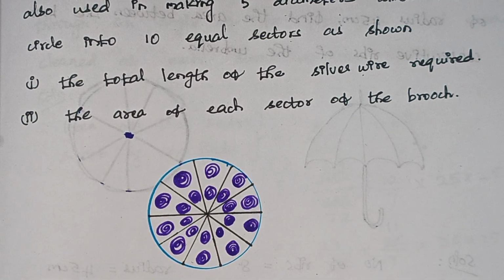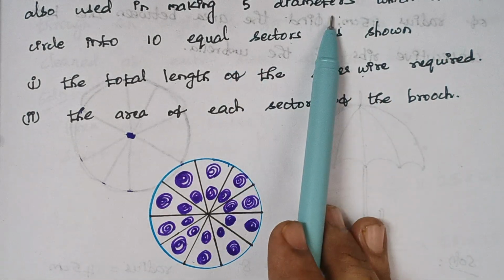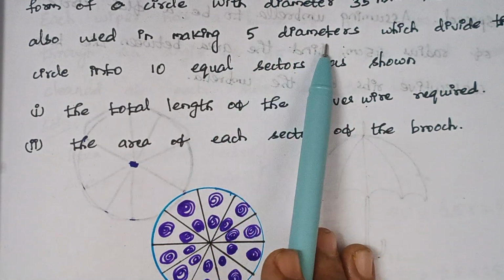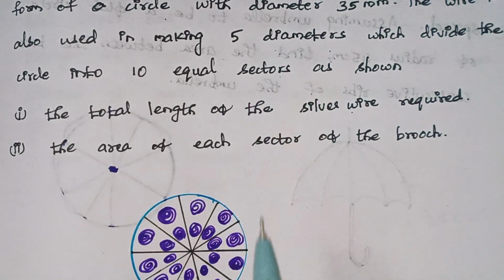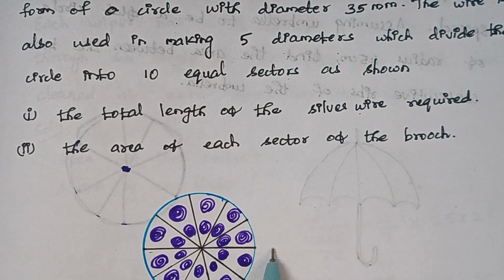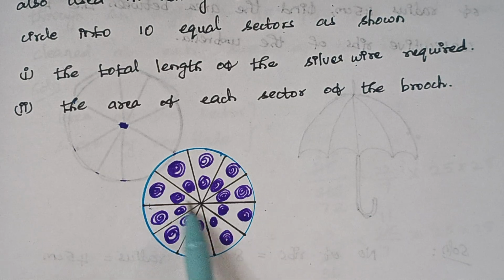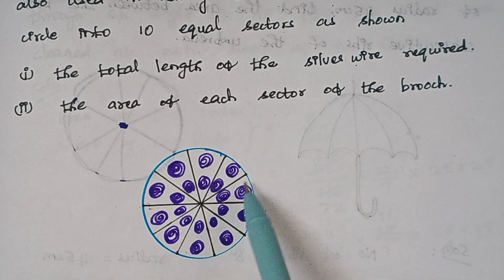Now the next thing is that we have 5 diameters in total, which divide the circle into 10 equal parts. You see 1, 2, 3, 4 and 5.